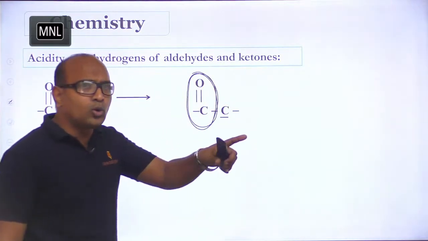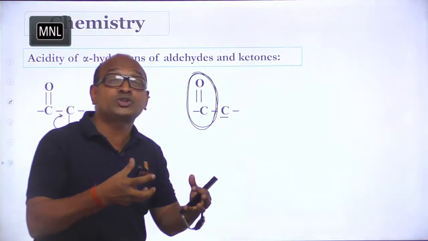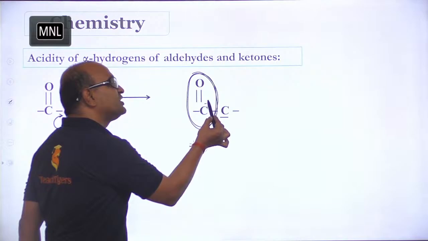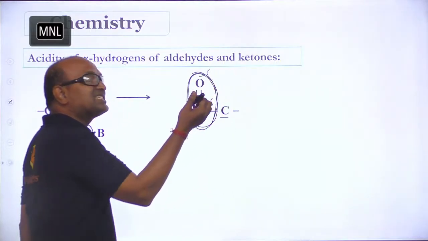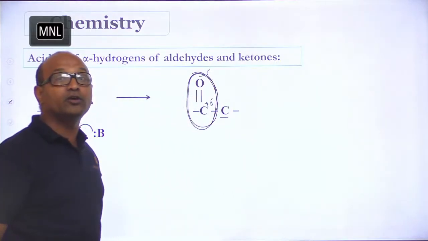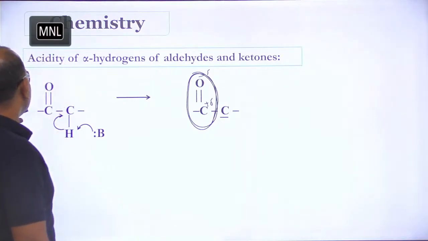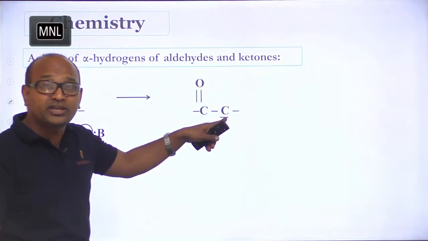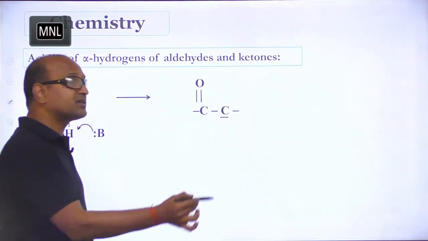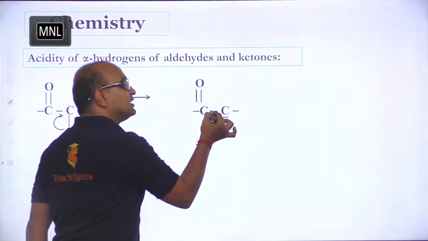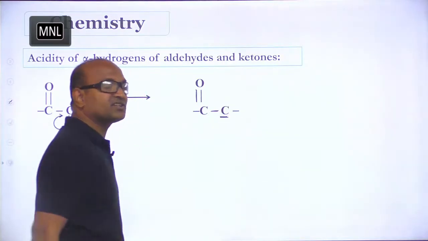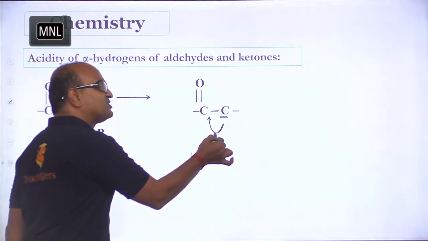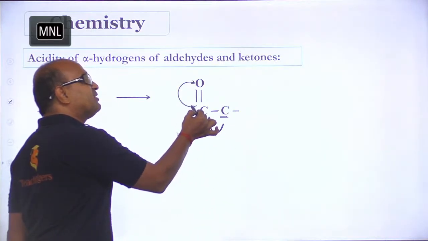I guess you know the carbonyl group is a strong electron withdrawing group, because of the partial positive charge on the carbon. Moreover, can you see that this anion, the conjugate base, is also resonance stabilized? These are the pi electrons, this is a single bond and this is the negative charge. So how does the delocalization take place? This carbon gives electrons to this carbon and this in fact gives this.